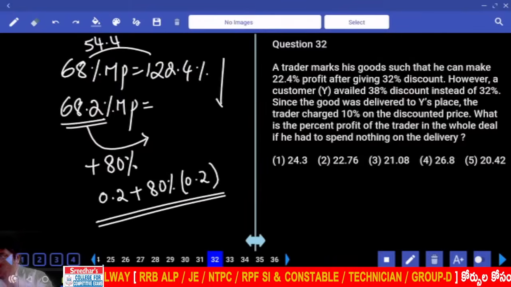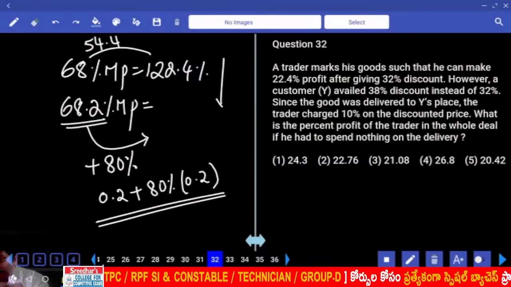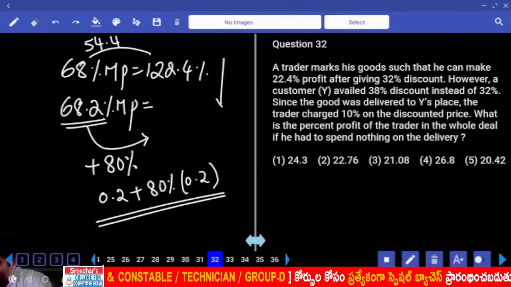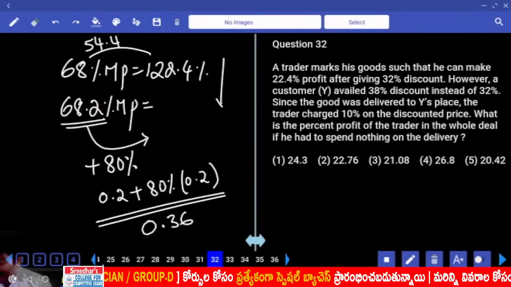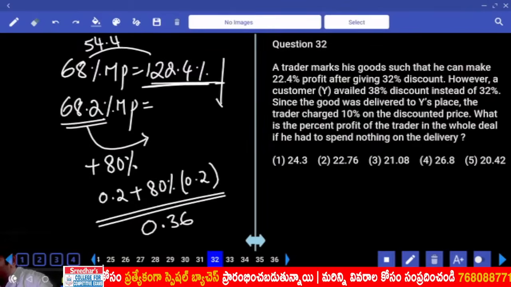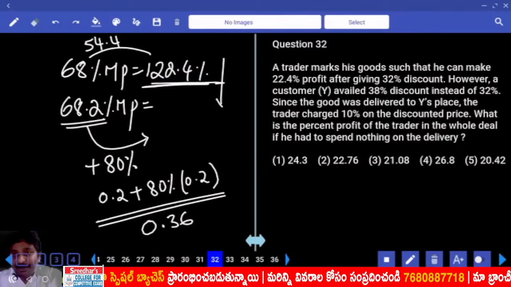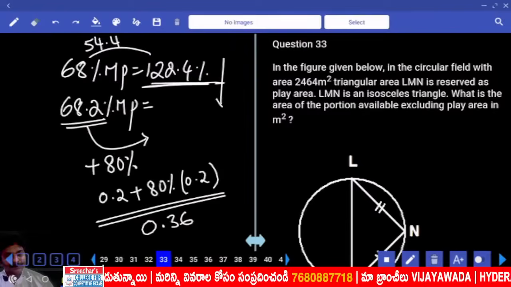This is going to be the extra. 80% of 0.2 is equal to 0.16. That means you have to add 0.36 to which number? To 122.4. Then it becomes 122.76. Clear? Next.